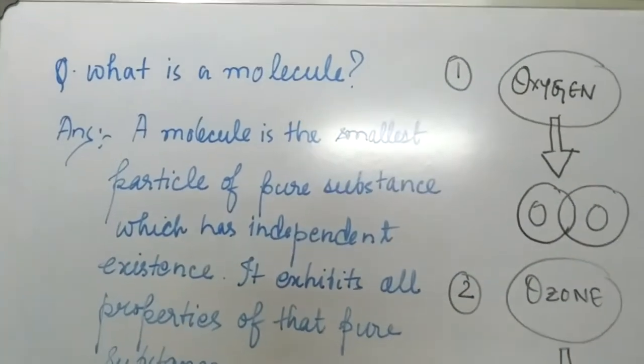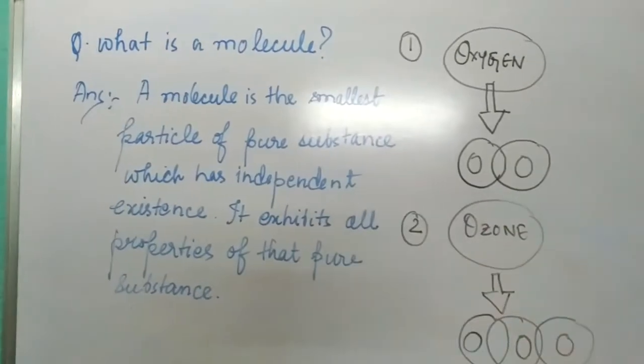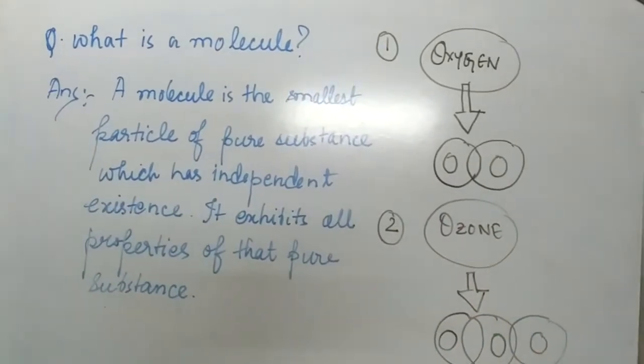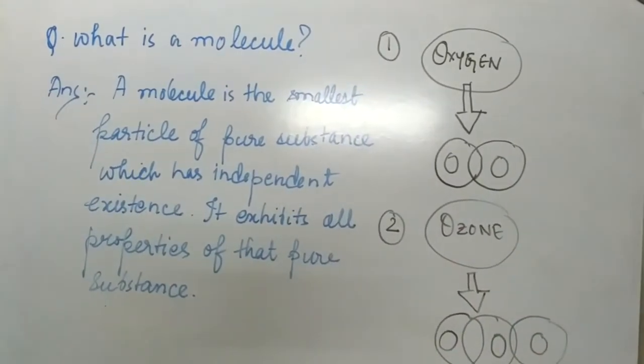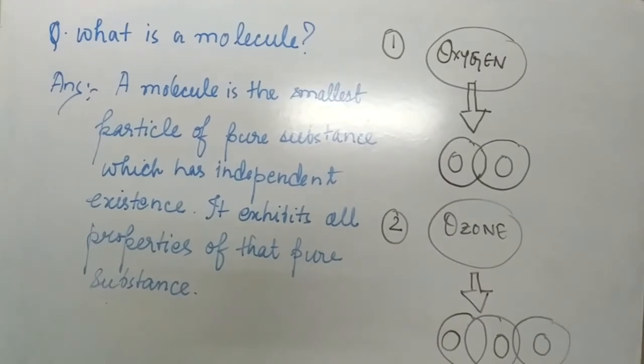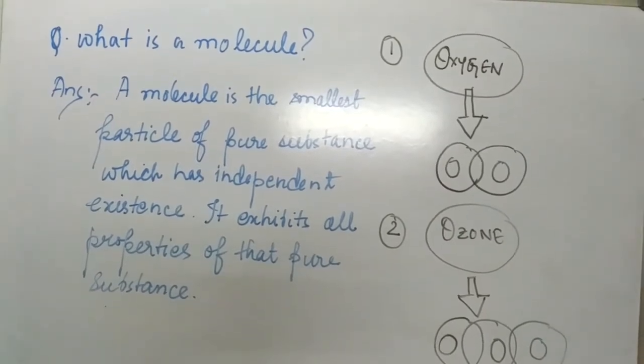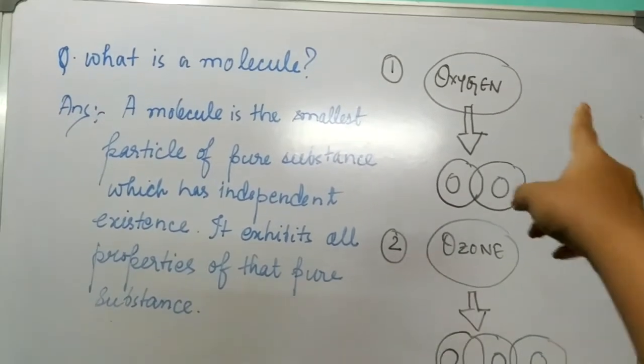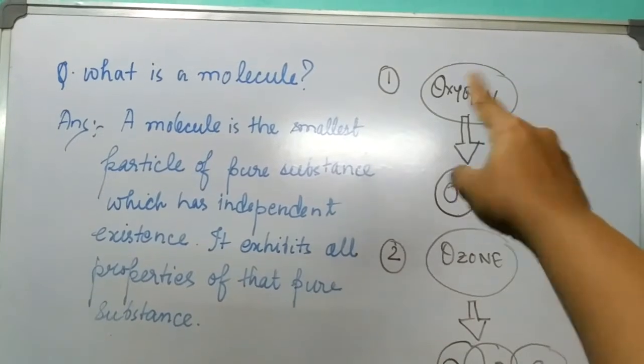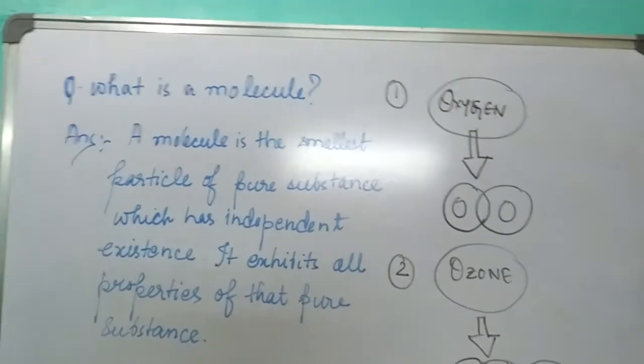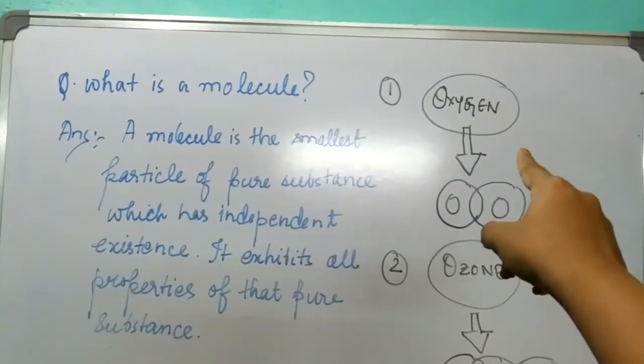Whereas if you consider only the oxygen molecule, that is the gas oxygen, you can see that no other element is in combination with this oxygen. Therefore, oxygen here is the pure substance.